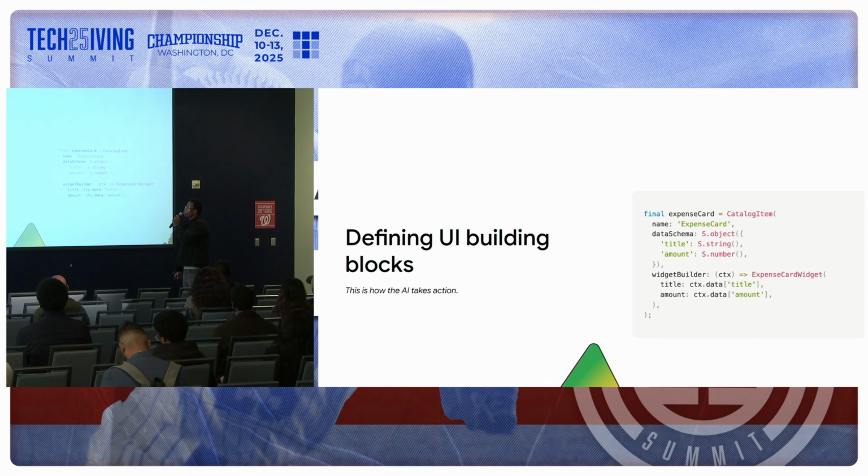Yeah. Now, after defining your tools, you have to define the UI building blocks. This is where the Gen UI dependency or package comes into action. Here, for example, we want to generate dynamic cards or dynamic UI components.